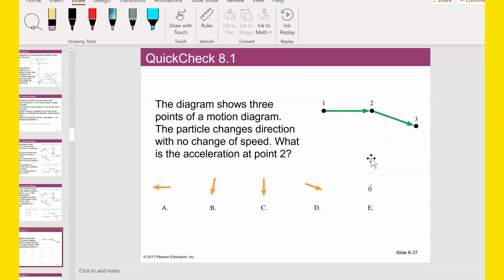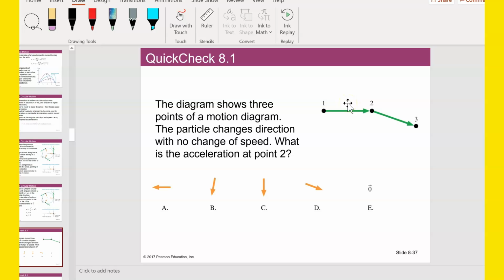Quick check 8.1. Alright, this diagram shows 3 points of a motion diagram. The particle changes direction, but with no change of speed. What is the acceleration at point 2? This takes us back to way earlier in our year together. Do you remember how to find the acceleration vector using velocity vectors?